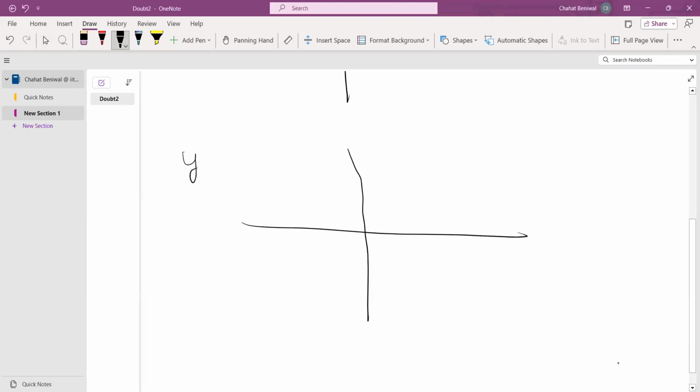So now I'm making y is equal to x square minus 1, and the graph is going to look like this.